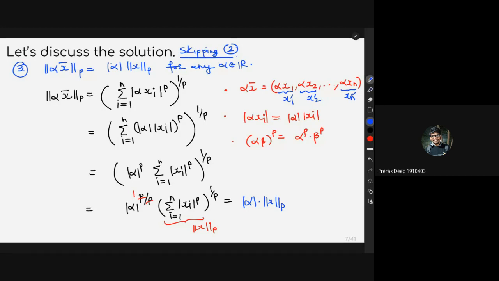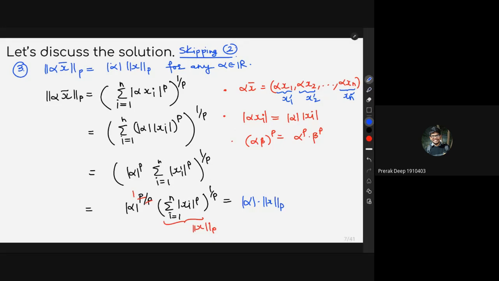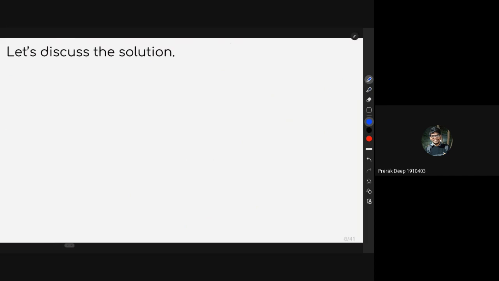So the idea here is that we will have a problem when we consider property number 2, which we skipped. So now let's move on to property number 2.